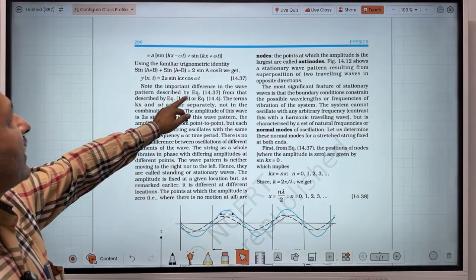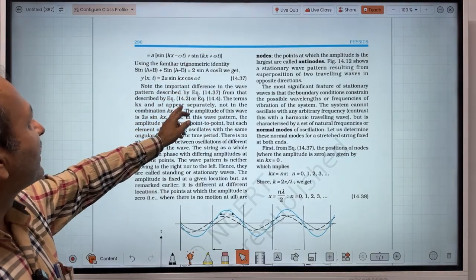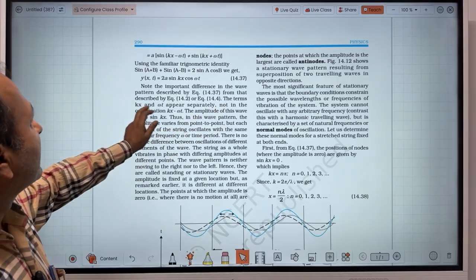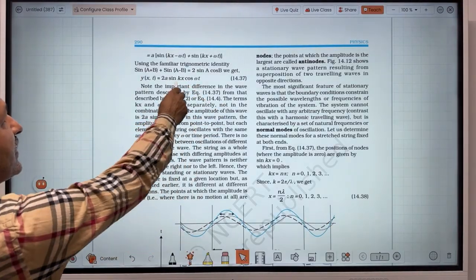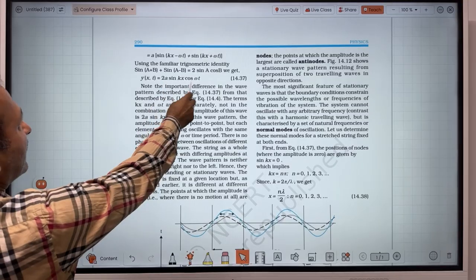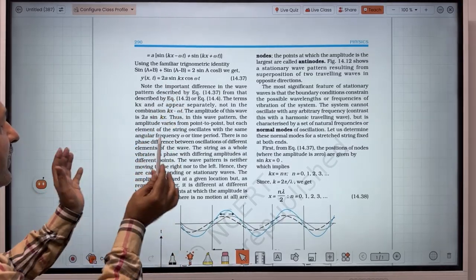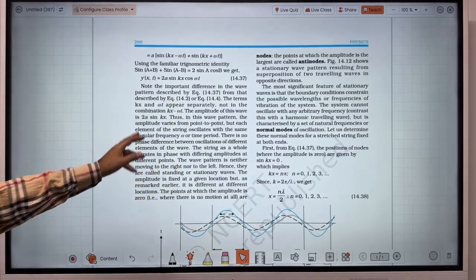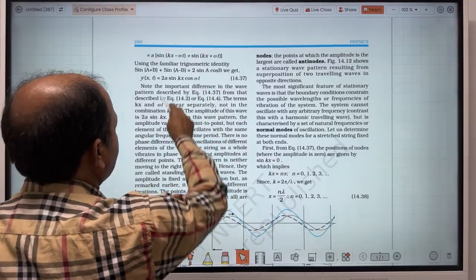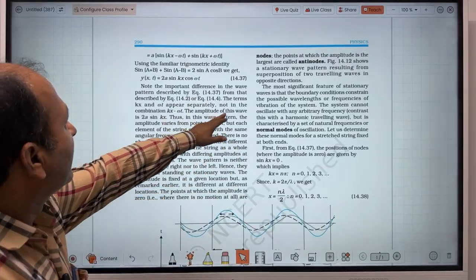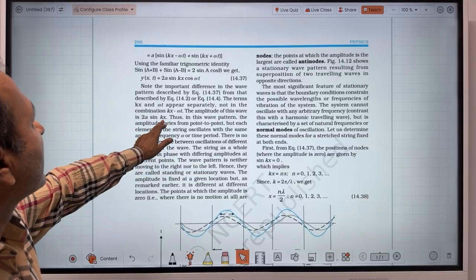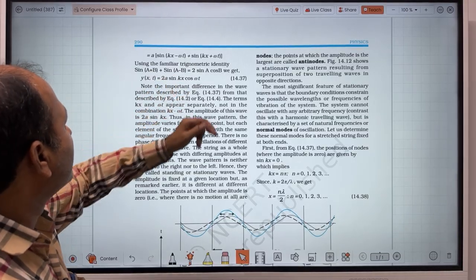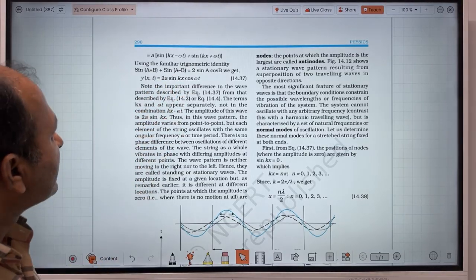Note the important difference in the wave pattern described by the previous equation and that described by this equation. Here the terms kx and ωt appear separately, but in the previous case it was not separate. It was a function, as the argument of sine, in the combination kx − ωt. The amplitude of this wave is 2a sin kx.